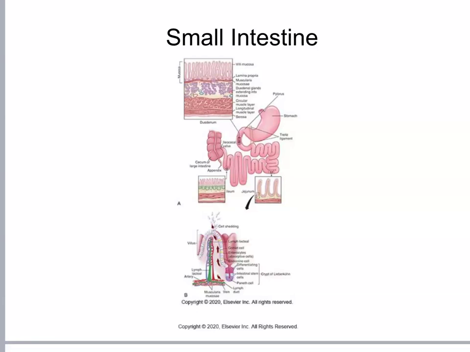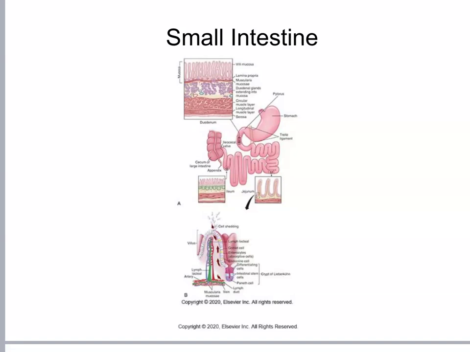Its purpose is to absorb vitamin B12, bile salts, and any remaining nutrients before we move down to the large intestine. This is where we have immunologic surveillance, so kind of like little security guards you could think of that are watching out for pathogens. And the ileocecal valve, like any valve, prevents backflow. So it keeps things moving forward into the large intestine.